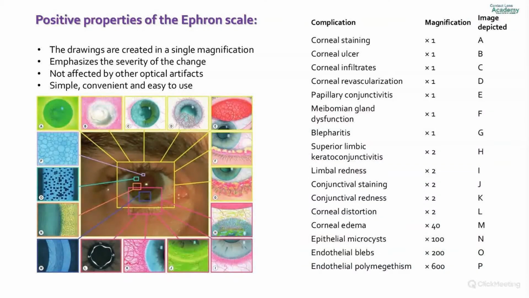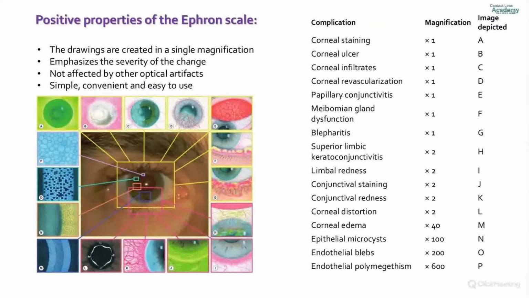Okay, and next, what are the advantages of the Efron scale? Because it's painted, or drawings are created in a single magnification, and they emphasize the severity of the changes in these cases, not affected by optical artifacts, and also simple to use.